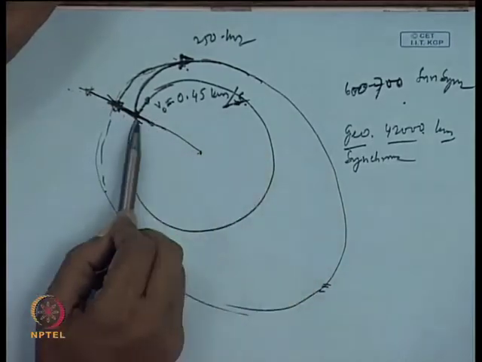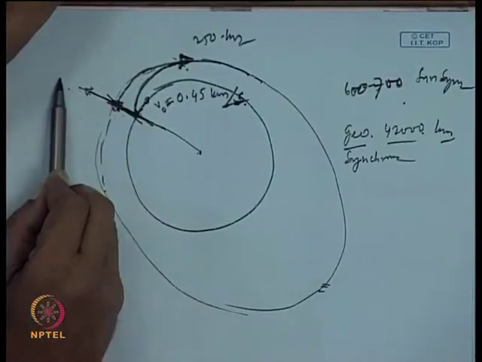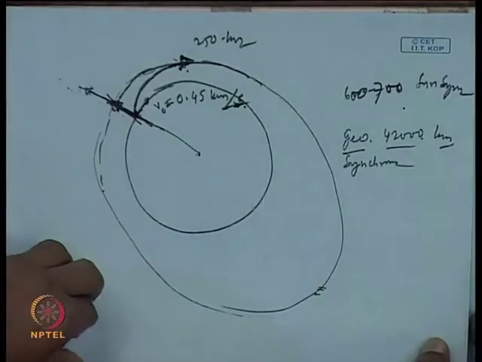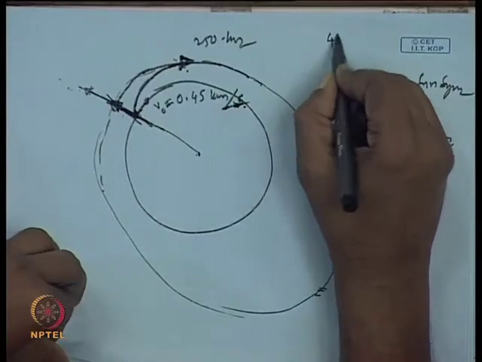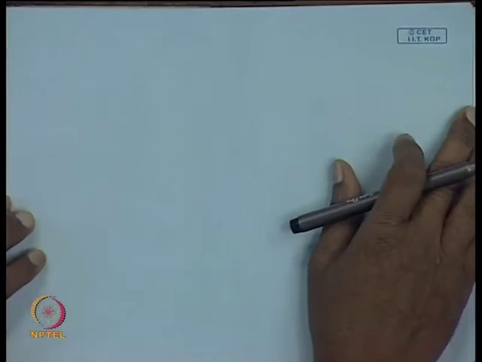So, while we compute the vertical velocity, we can assume that the vertical velocity at this point is 0, and then it is ascending directly up. So, this trajectory tilt is required to inject the satellite into the orbit. Without this, the satellite injection is not possible.